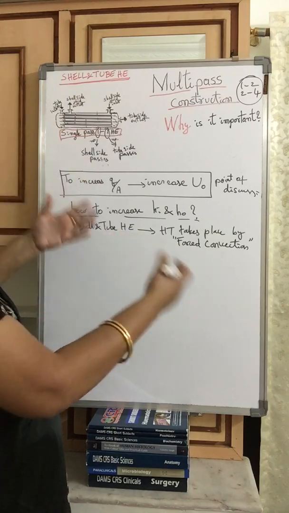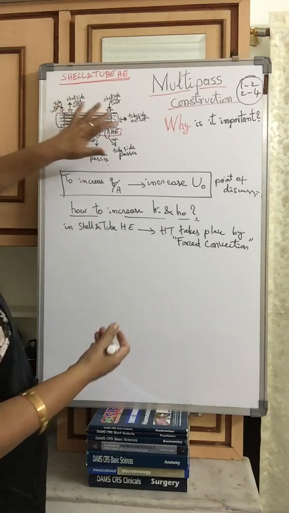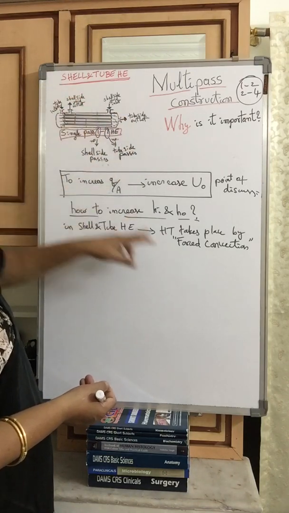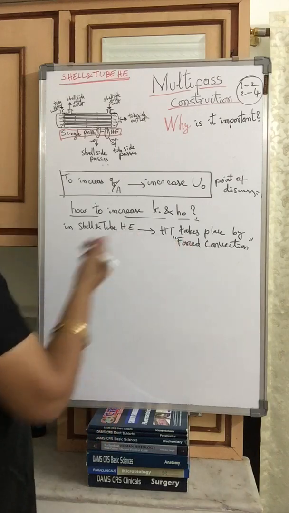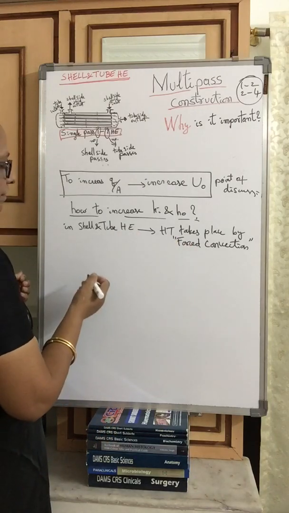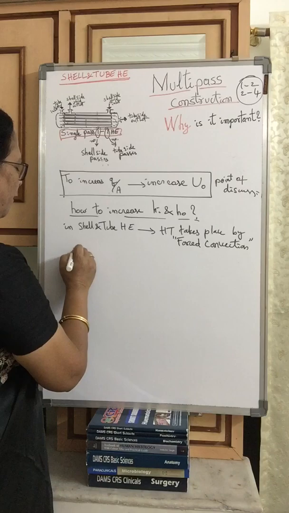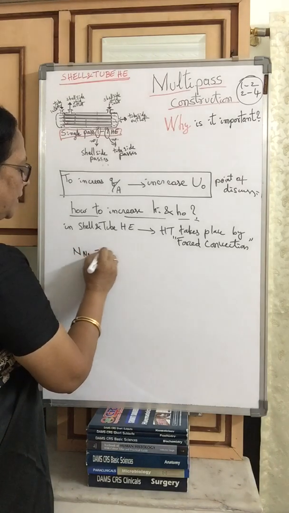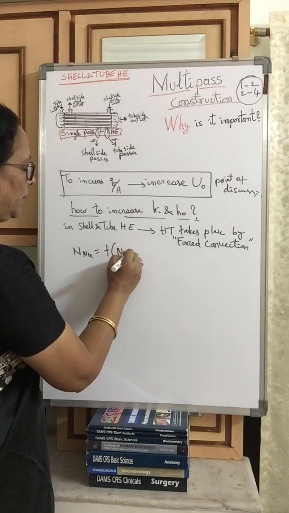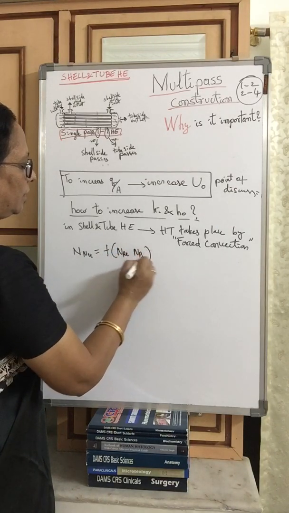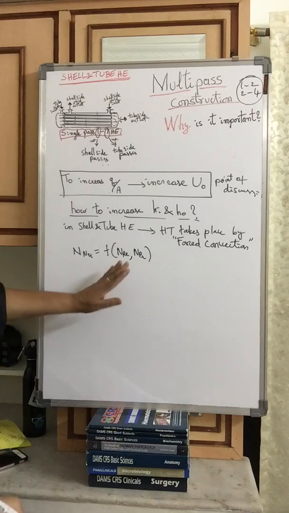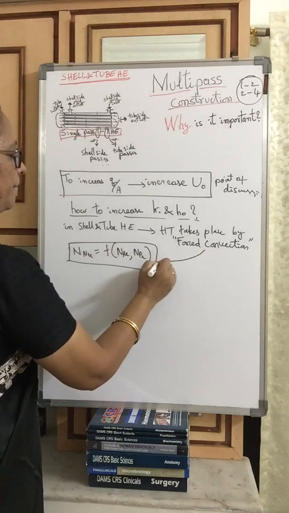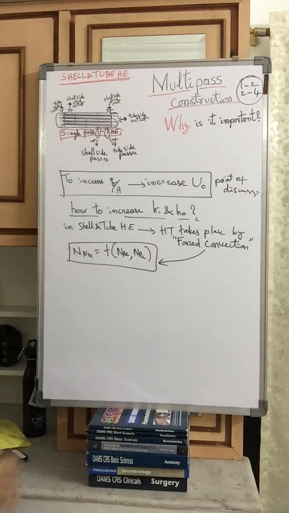Some external force we are applying for the flow of the fluids. That is why heat transfer is taking place by forced convection. In forced convection, which equation do you use? You know that Nu is a function of Re and Pr. This is in forced convection.